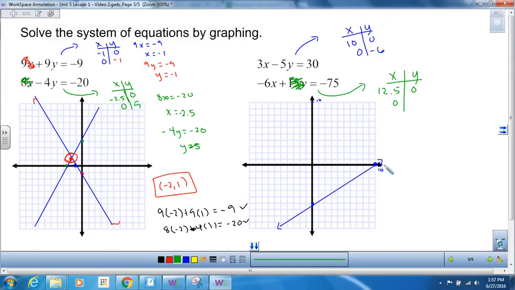Makes this a little bit harder. Just do our best there. And then I think you get -5. 15y equals -75. -5.